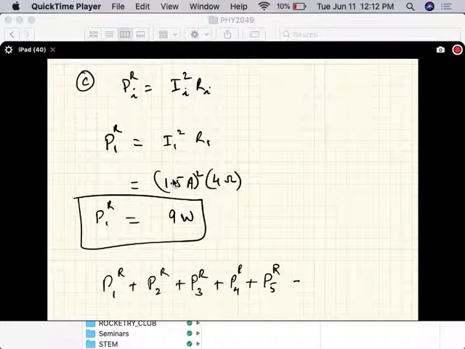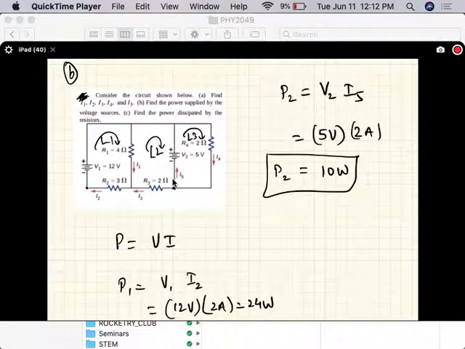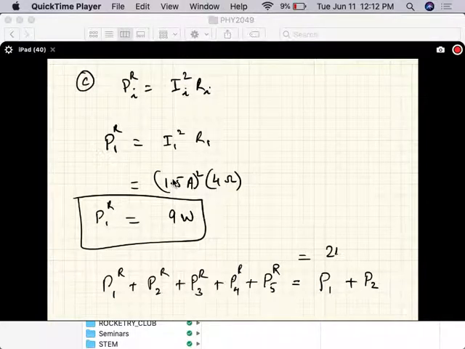That should equal the power supplied by the two batteries. So that should equal P1 24 plus 10, 34 watts. Did you guys understand that?